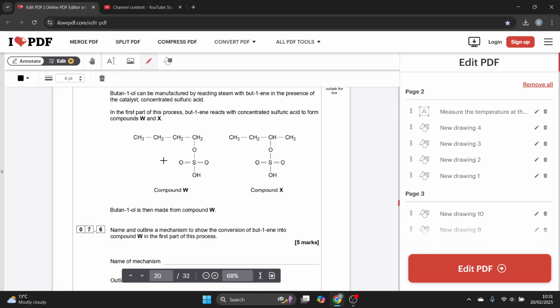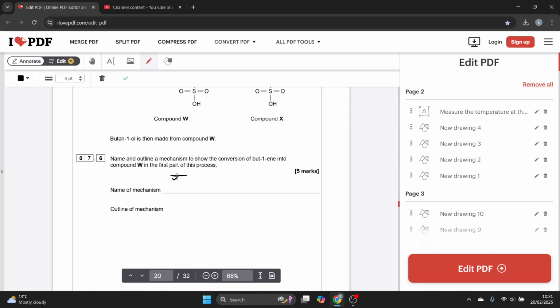So it's going to be electrophilic addition. Just need to break that part down, because if you get that part wrong and then you start jumping in and you're doing the reverse of the mechanism you're supposed to do, then all those 5 marks is gone. So make sure you know exactly what mechanism is going on and then recall it from there.